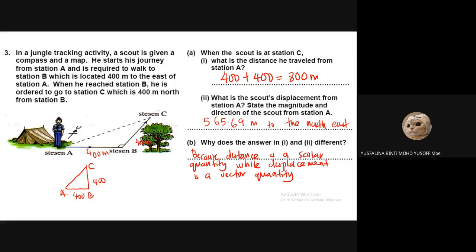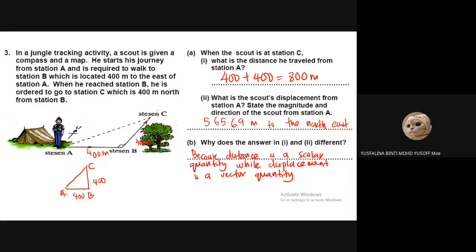Good try, because distance is how far something has traveled from A to B, while displacement is how far point B is from A. Because you see here, the journey starts from A, and the last destination that he has to go to is station C, right?